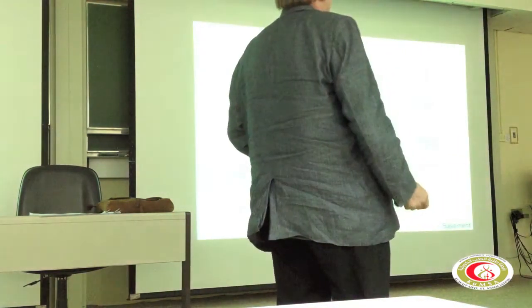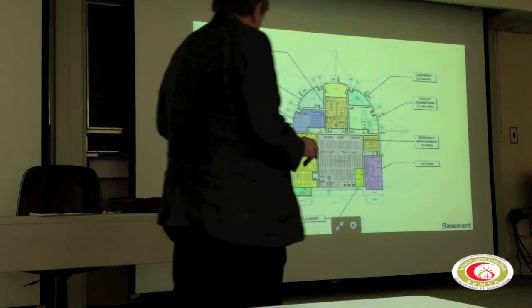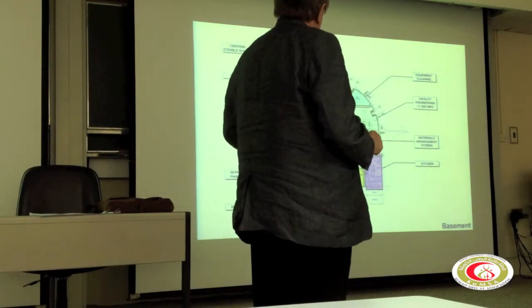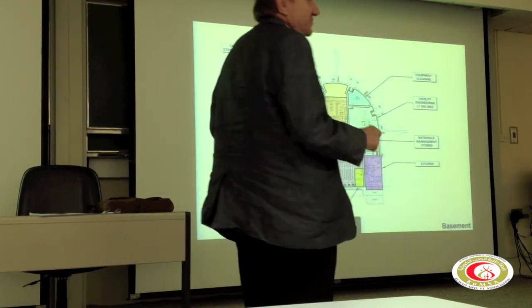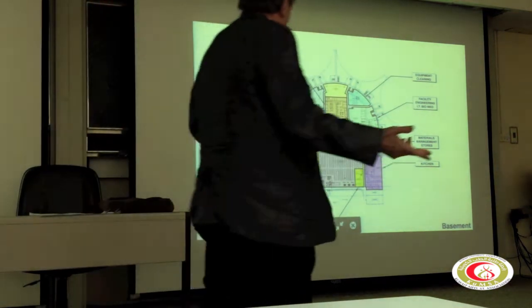Medical records, although, as Aziz said, we're trying to build the project with zero paper, the Ministry of Health doesn't like zero paper. You have to have medical records. So we have a huge space here to store the 1 million medical records, both electronically and physically on bits of paper.